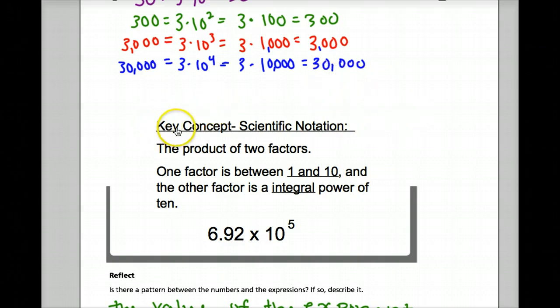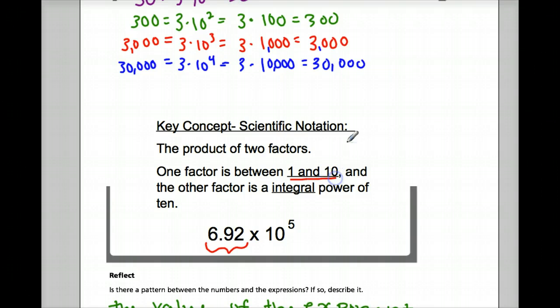So please pause here, write key concept, scientific notation and all this, and we're going to talk about it. Pause here. So now that you have written this down, you can see that scientific notation is just the product of two factors. One factor is between 1 and 10, and in that case is going to be this 6.92.